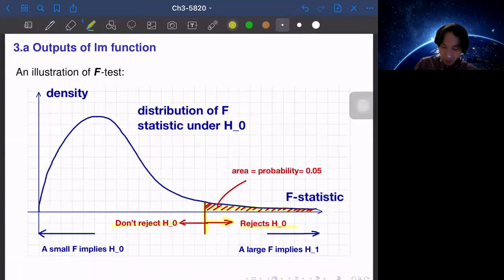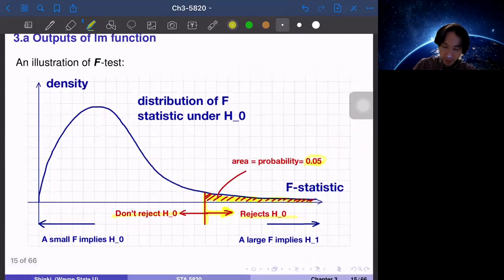This threshold is determined so that this area is equal to some specific small number, such as 0.05. So if the significance level is 0.05, then this area should be 0.05, and we reject the null hypothesis if the F value is larger than this. So this is the scheme of a statistical test.